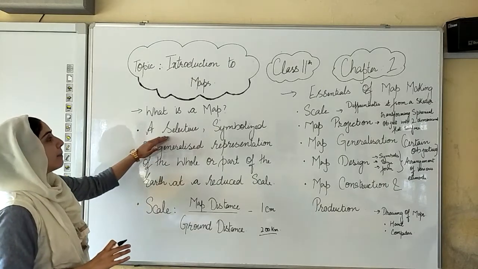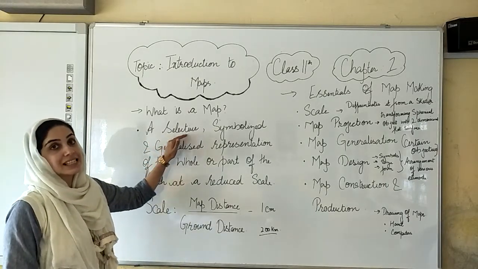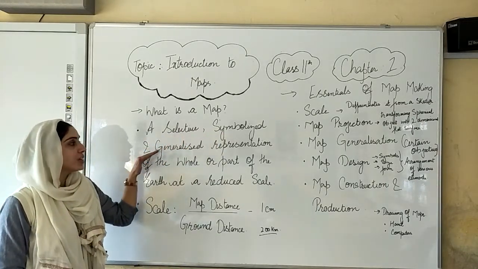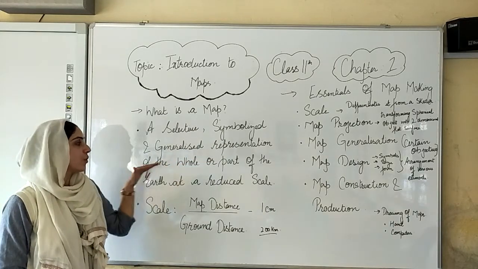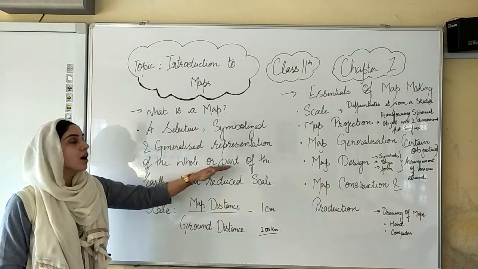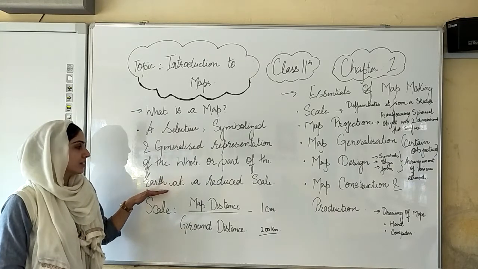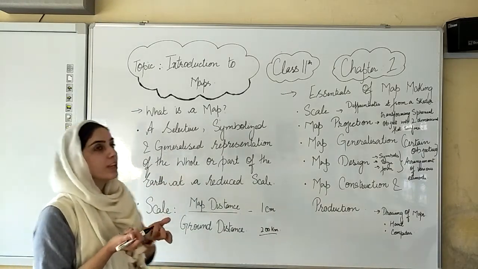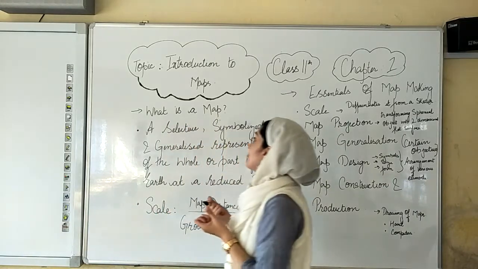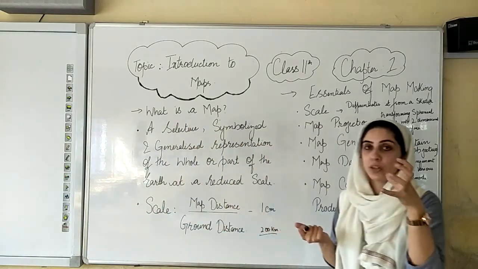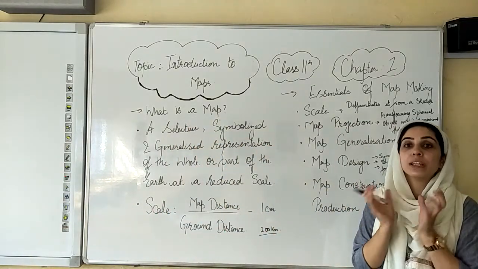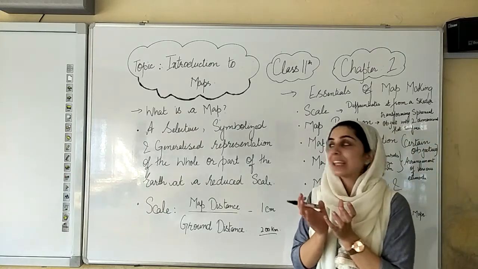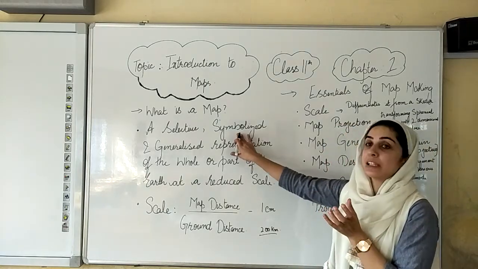First, a map is a selective, symbolized and generalized representation of the whole or a part of the earth at a reduced scale. So we can say that a particular scale is selected, a particular part of the earth is selected and symbolized.